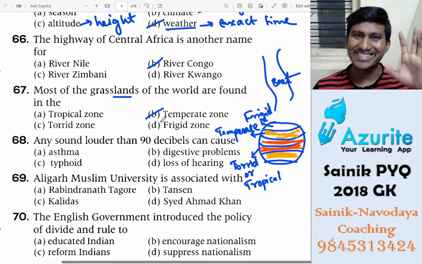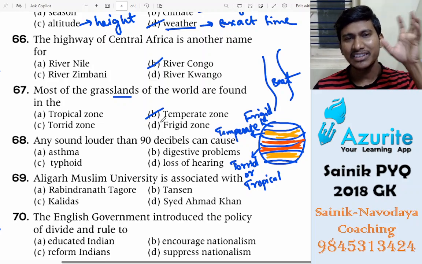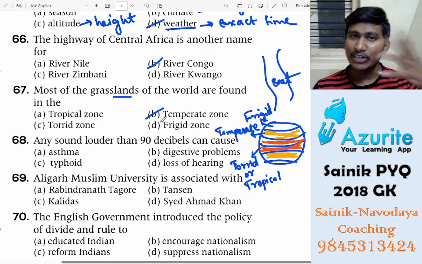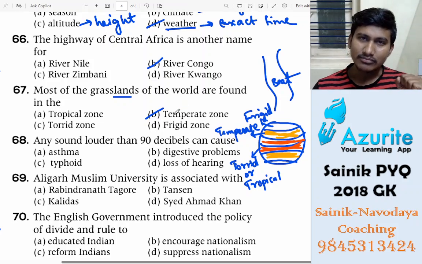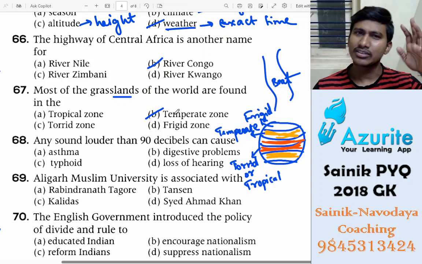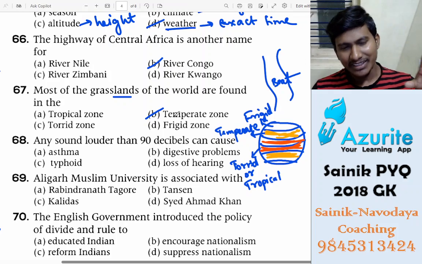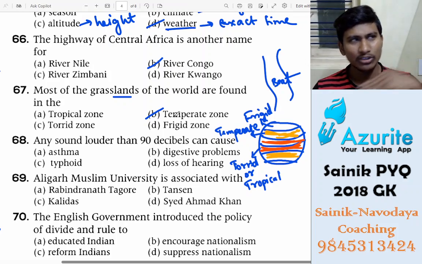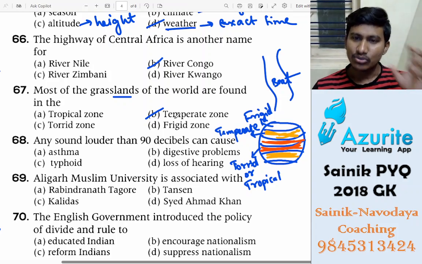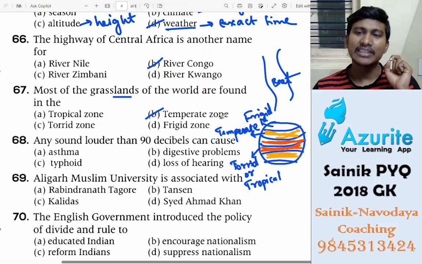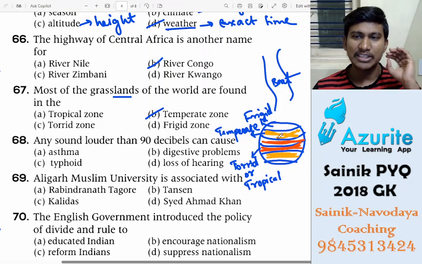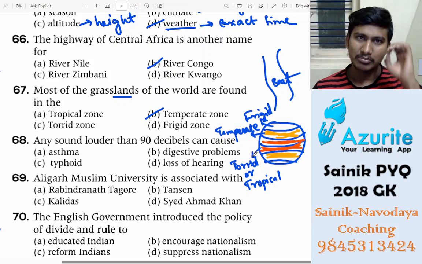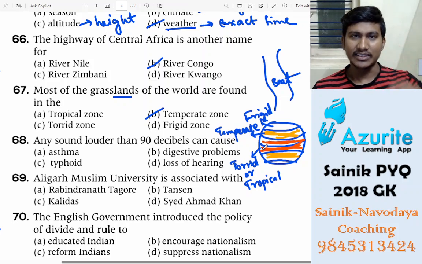Trees are forest, but grasslands is grass. You may have seen on Discovery Channel the elephants and different animals rearing in the grasslands, with so much grass. So it will be in maximum in the temperate zone, because the temperature is moderate, suitable for the grass to grow. If it is high, like in the torrid zone, they will die away. Maximum forests will be there in the torrid zone.